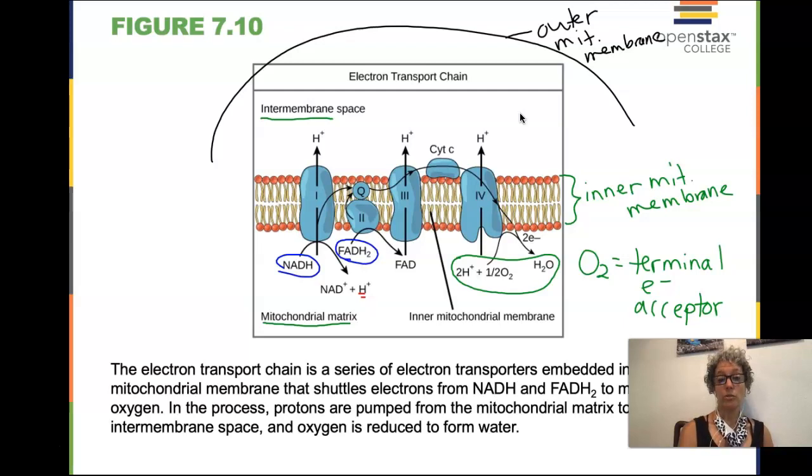It also changes the pH. If we have a buildup in excess of hydrogen ions, that will lower the pH. And that is why this electron transport is oriented in the way it is, so that this change of pH is happening in this intermembrane space where really nothing else happens except for this proton pumping.